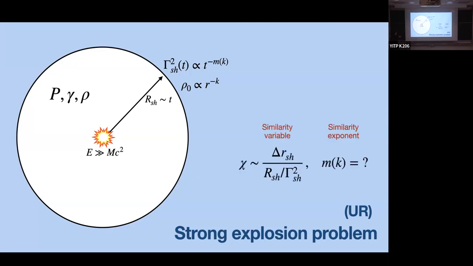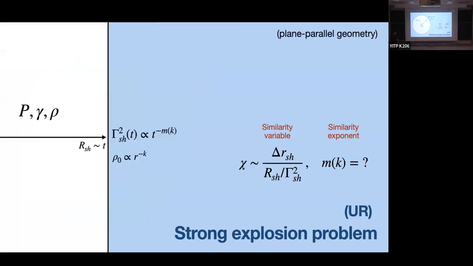I'm looking at this new similarity exponent, and also my similarity variable is a bit different. It accounts for the distance behind the shock in units of the scale height of the problem, so R shock divided by the Lorentz factor squared. It's a new similarity variable that is appropriate for our problem.